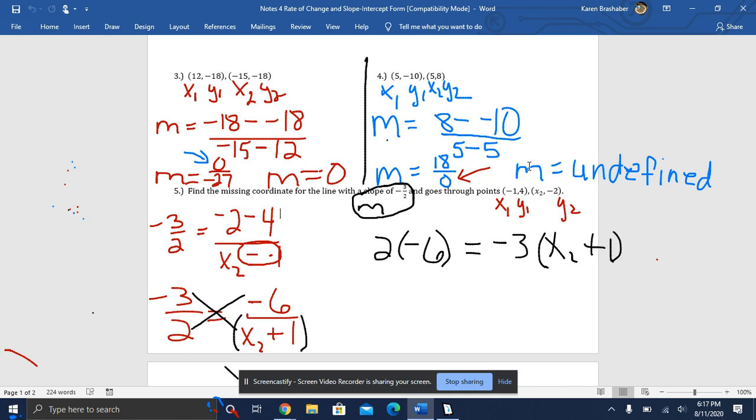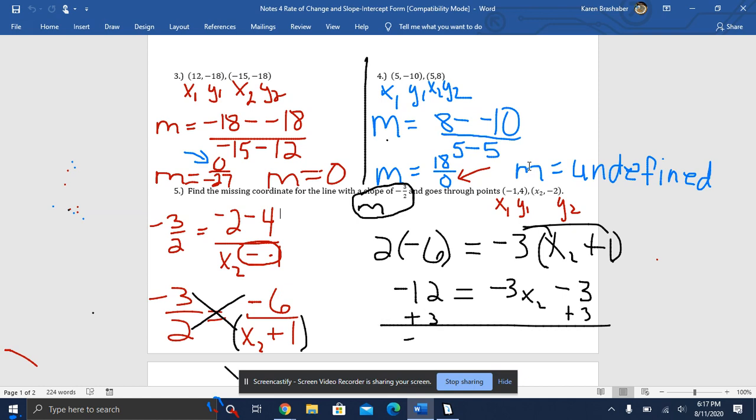And now we solve that equation. So that's negative 12 equals, we can distribute, negative 3 x2 plus, and it's minus because a negative times a positive is minus 3. We can add 3 to both sides of our equation.